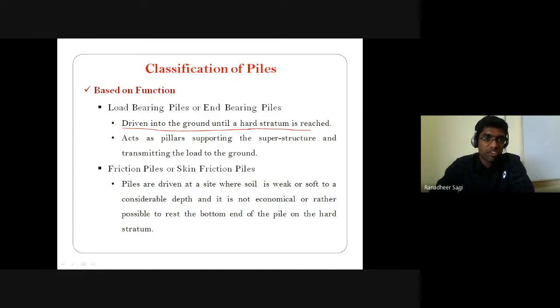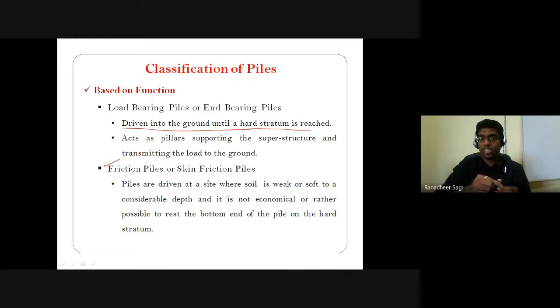Next is frictional piles. Frictional piles are otherwise also called skin friction piles. In this particular case, piles are driven at a construction site where the soil is relatively weak or soft, where you cannot extend that pile in search of a hard stratum, which is available at a very far depth. So in such a case, even in the form of skin friction, there will be some resistance that gets developed from your pile.